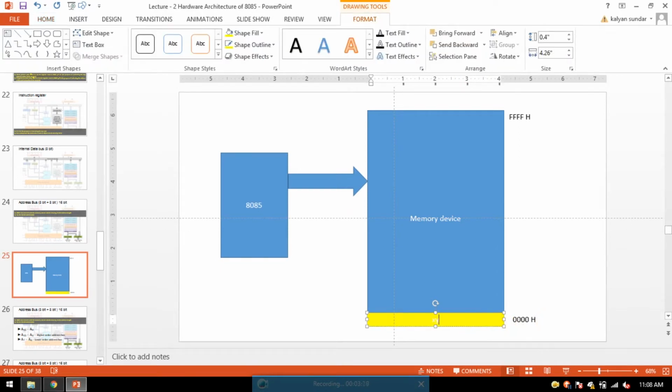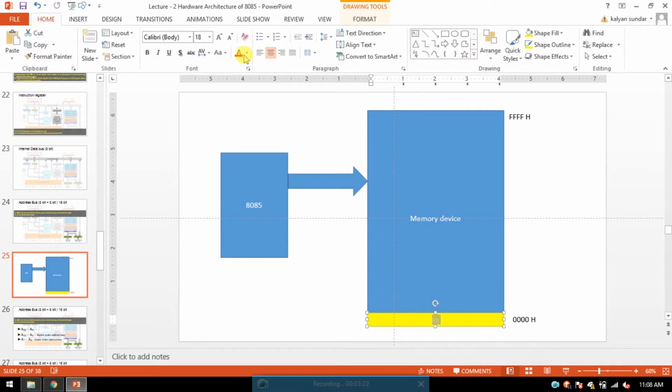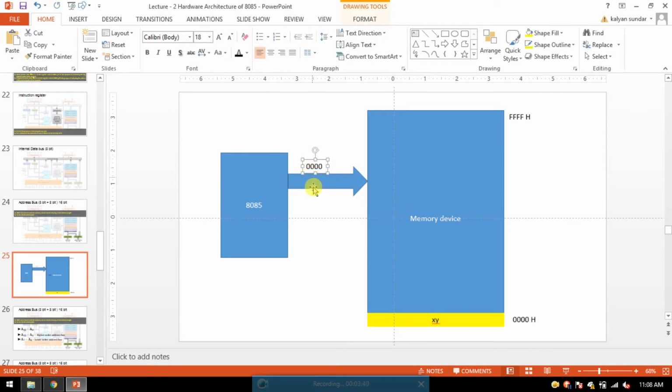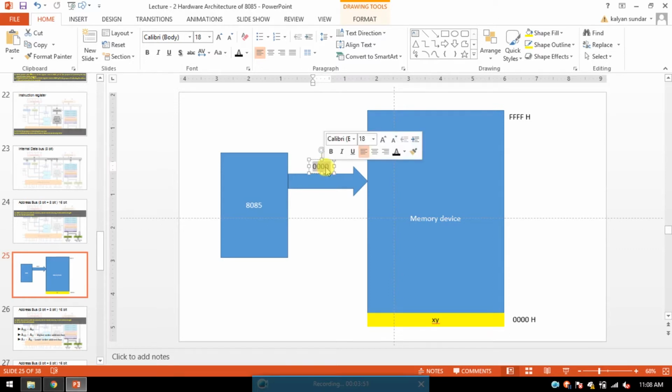If this XY data is demanded by the 8085, if the 8085 requires this data, it has to go to this address in the whole memory device and take the data. So while accessing the memory, it has to address 0000, go to the address and search, and there it will get the data called XY.